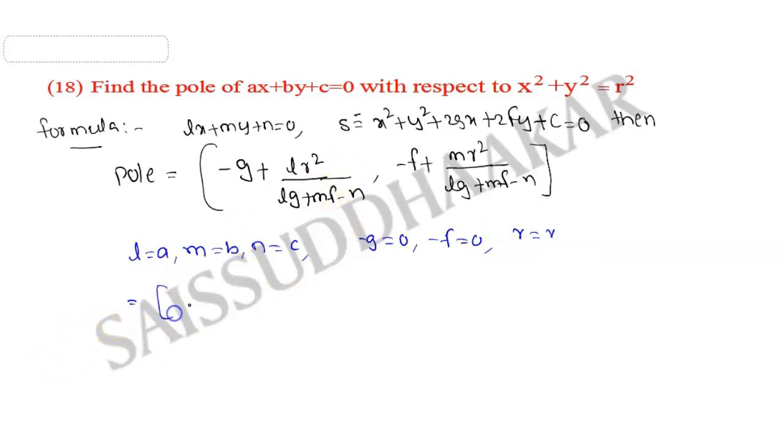So the formula: G value 0, 0 plus L value A, R value R, AR square by G value 0, A into 0, 0, again 0, and N value is C. So minus C, comma, same thing here, 0 plus BR square by minus C. So the value is minus AR square by C, comma minus BR square by C. That is the formula for this question.